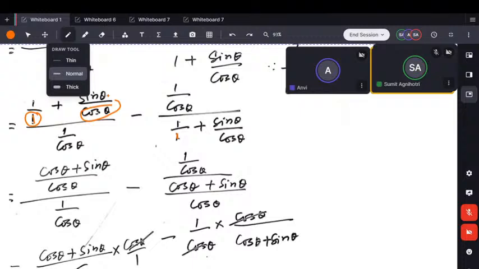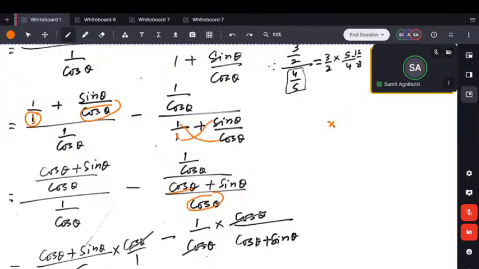Now this scenario is here, like 3 over 2 over 4 over 5, x over y over a over b comes. Then what you can do is, x over y times b over a. We just reciprocate the value if we multiply here. This is the approach we follow. Same thing we are doing here.